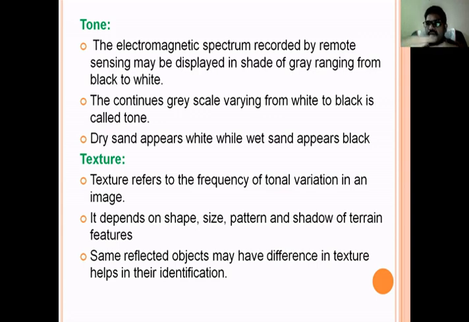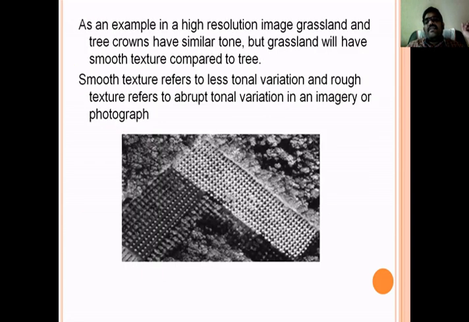It gives one appearance when compared with the other area where the trees are planted here and there. See here, texture refers to the frequency of tonal variation in an image. It depends on the size, shape, pattern, and shadow of terrain features. The same reflected objects may have differences in texture, which helps in their identification. How and what?